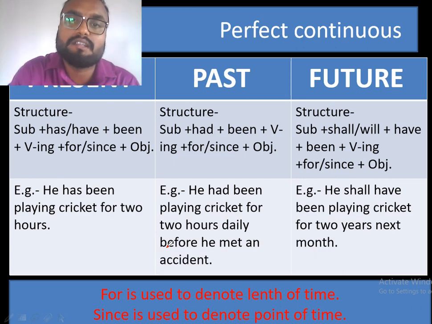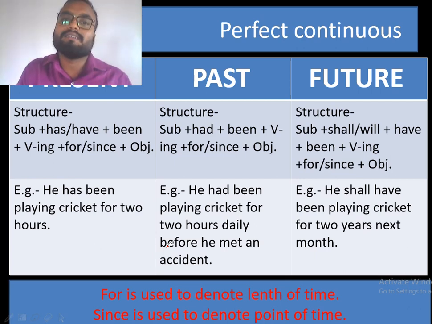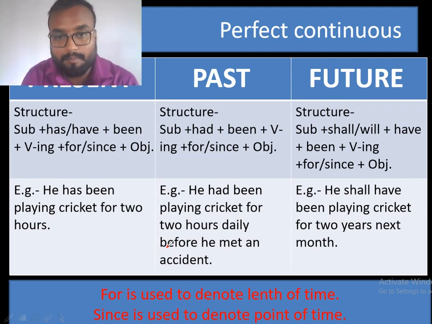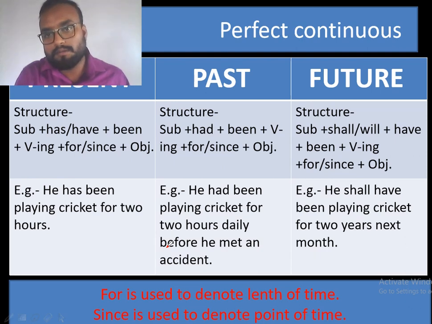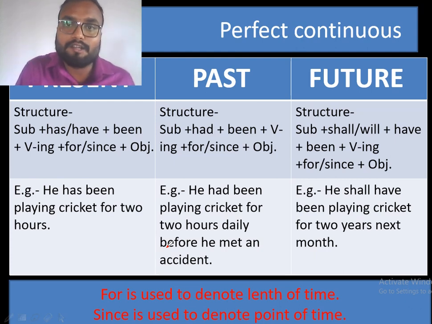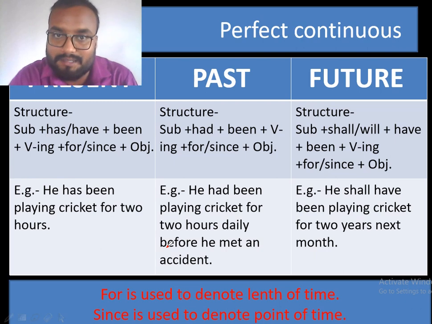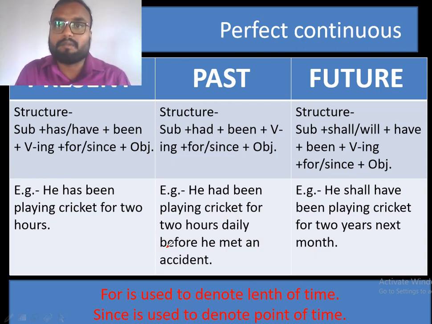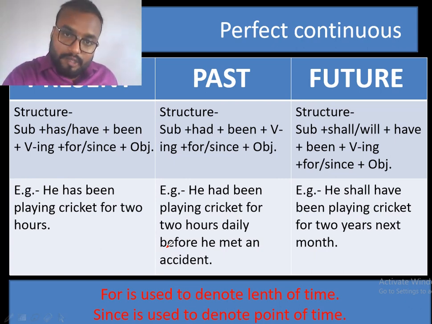It just gives us the information that the action is in progress, whether in present, past, or in future, but it does not tell us for how long that action is going on. So here that lacuna which was there in the continuous tense is being completed. This tense, perfect continuous tense, will give you the time as well.